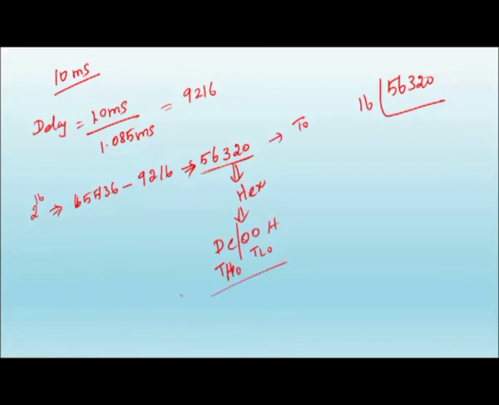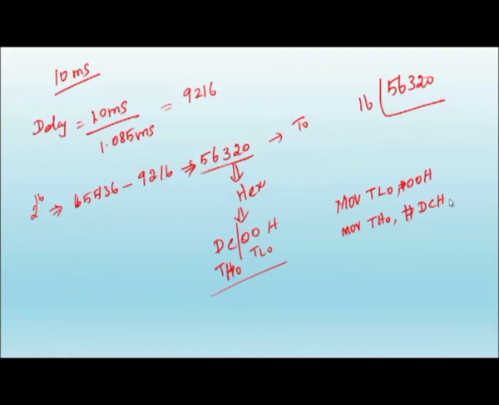This is the counter value. To initialize: MOV TL0 comma 00H, then MOV TH0 comma DCH. This is the way we calculate the hexadecimal value for the given delay, then we use some instructions to initialize it in the T0 register.